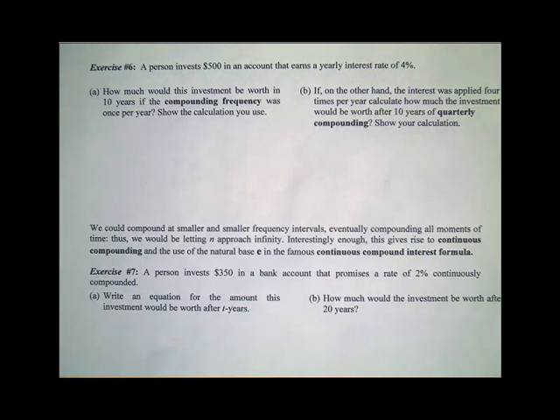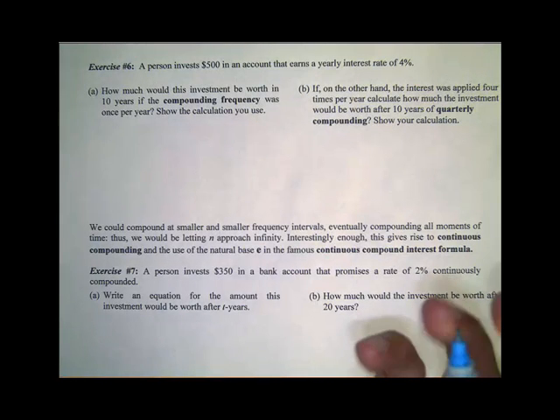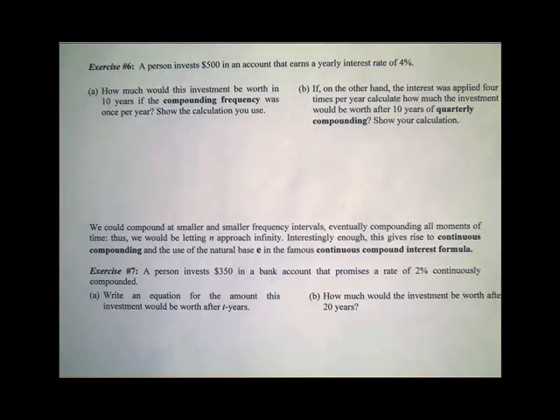Exercise 6. A person invests $500 in an account that earns a yearly interest rate of 4%. How much would this investment be worth in 10 years if the compounding frequency was once per year? So since it's once per year growth, we could use compounded, and for n, use 1.